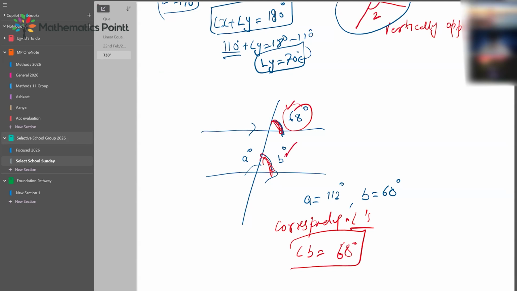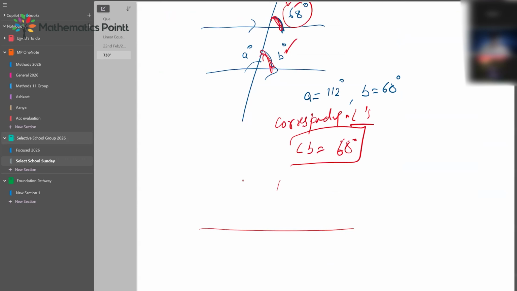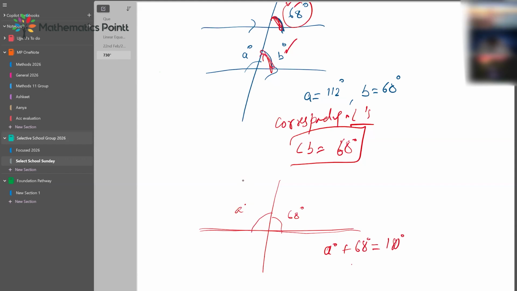Now this is 68 degrees, and I just need to find A. Angles on a straight line are 180. So A degrees plus 68 degrees equals 180 degrees. So A equals 112 degrees. Easy peasy. Everyone, clear? So far, so good.